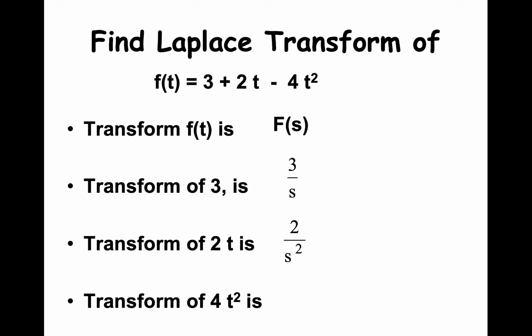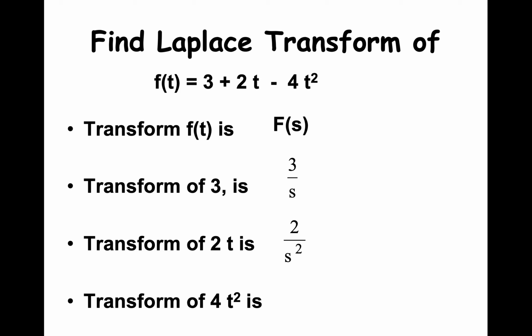The Laplace transform of the third term, 4 times t squared, is going to require us to use 2 equations to complete the transform. We will use equation 14 and equation 3. Equation 3 tells us that a constant times any expression is the constant times the Laplace transform.